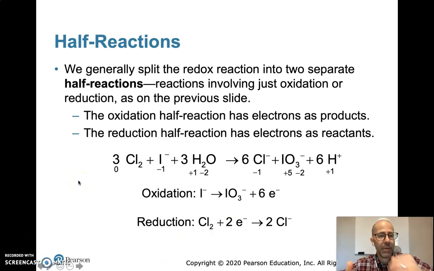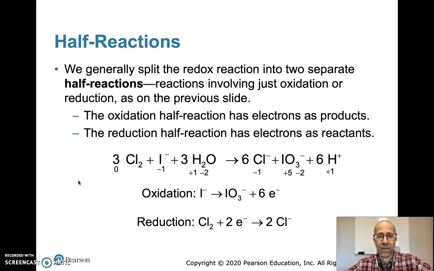Okay, so I was talking about half reactions. When you're dealing with redox reactions, you generally divide them up into half reactions. One half reaction is oxidation, the other is reduction. The reason for this is that reduction and oxidation happen simultaneously, because it's a transfer of electrons.